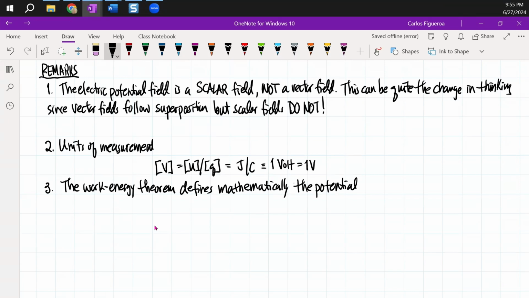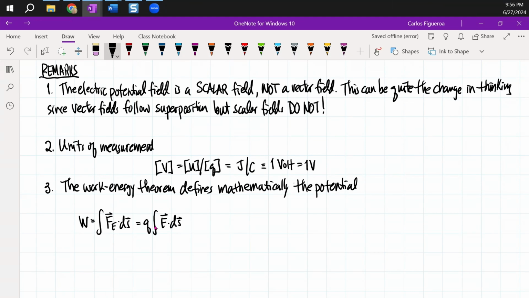And it goes like this. We define work. The work of the electric field is then going to be this guy. But the electric force, we can write that in terms of the electric field here.